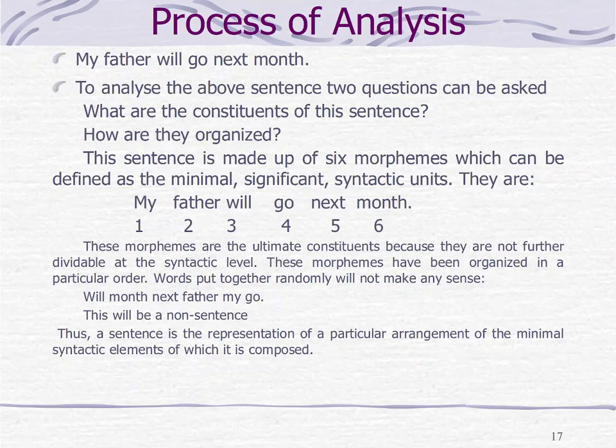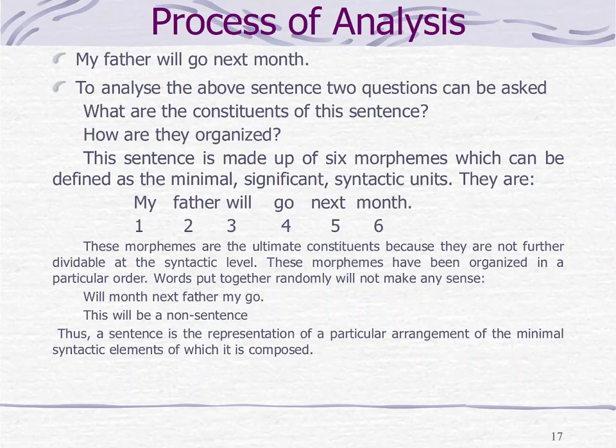So these 6 morphemes are my, father, will, go, next, and month. Each of them is a meaningful word. So they are the ultimate constituents because they cannot be divided further without distorting meaning, that is, at the syntactic level.